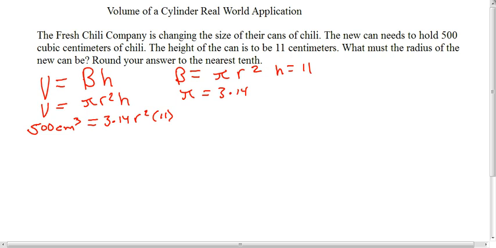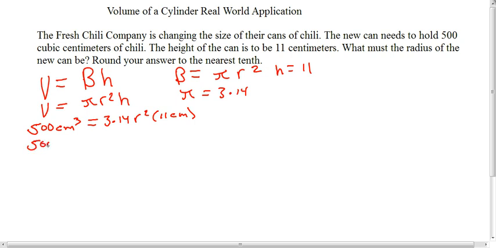So all of this information we know, we just don't know what radius squared is. And our height is 11 centimeters. From here we'll look at what we can do to solve for our radius.